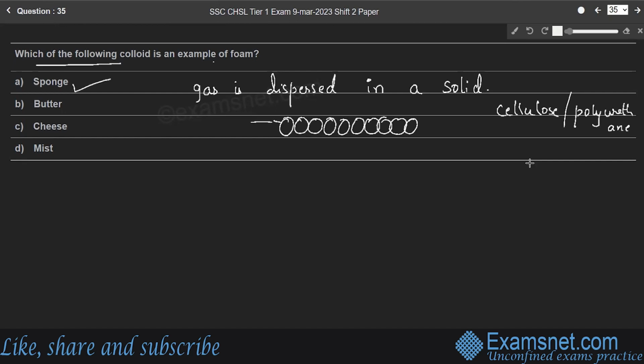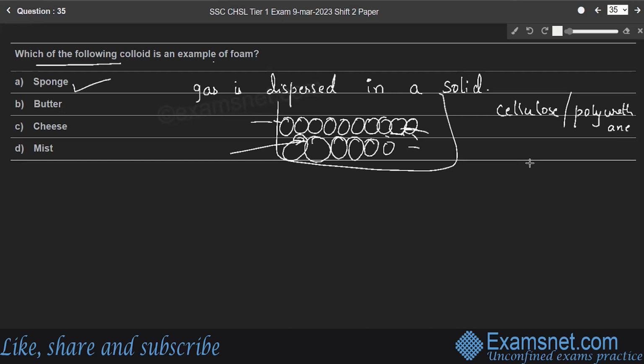When a sponge is soaked in water, the pores fill with water and create a stable suspension. This is different from a foam where gas is dispersed in a liquid.